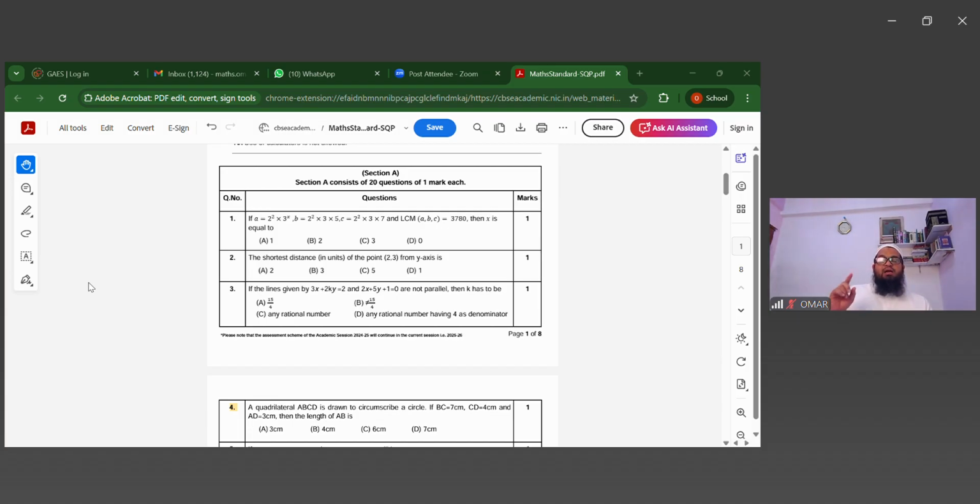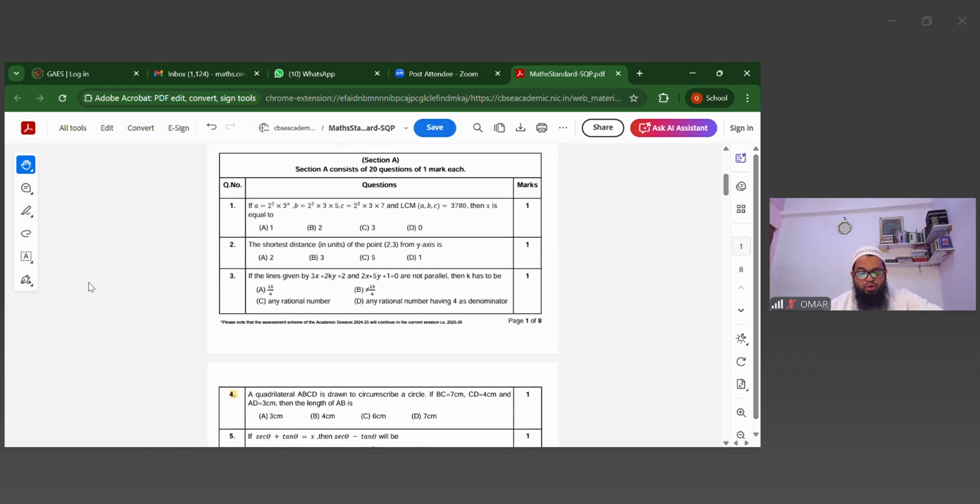But the concept should be very good. For that, I stay on my word: practice NCERT exercise questions three times each, and also the examples three times. It is very important. Without having the concept, if you jump to any question bank or any workbook, you cannot do those problems. Understood?